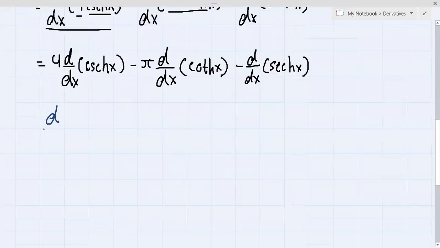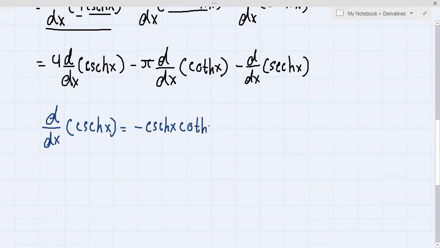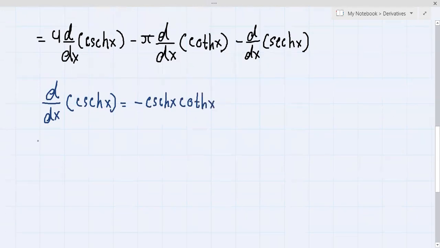So what is the derivative of cosecant hx? Recall that the derivative of cosecant hx is negative cosecant hx times cotangent hx. How about cotangent hx, or hyperbolic cotangent x?